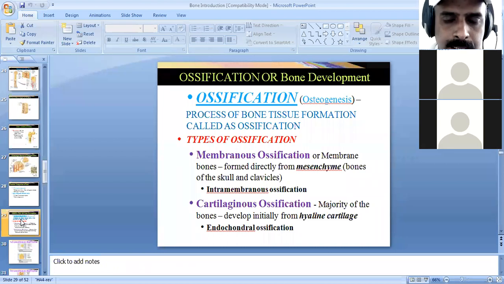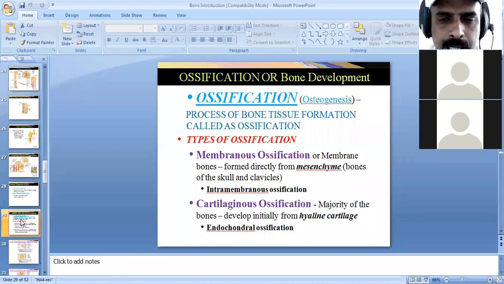There are two types of ossification. In the human body, whatever bone develops follows these two types: membranous ossification and cartilaginous ossification. Almost all membrane bones form directly from mesenchyme, such as the bones of the skull and the clavicle.